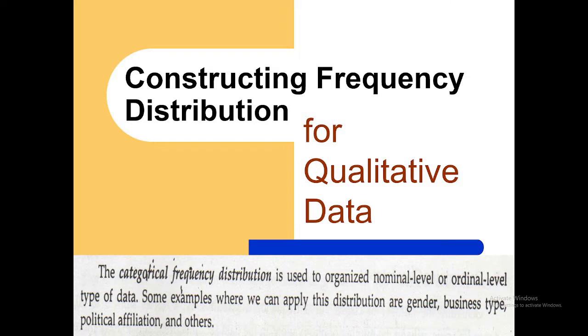Am I correct? Yes. Okay. So it is used to organize nominal level or ordinal level. It focuses more on qualitative data. Some examples where we can apply this distribution are gender, business type, political affiliations, and others.